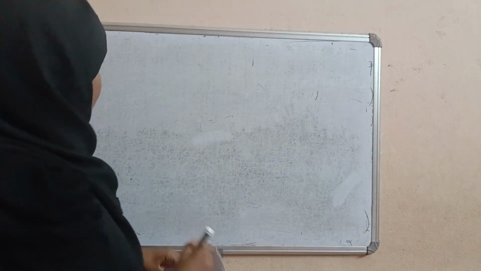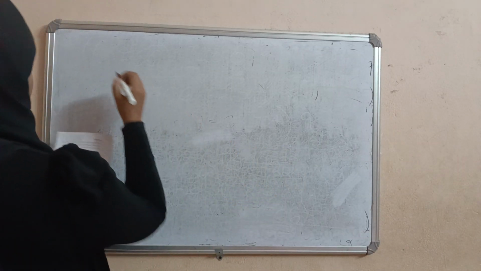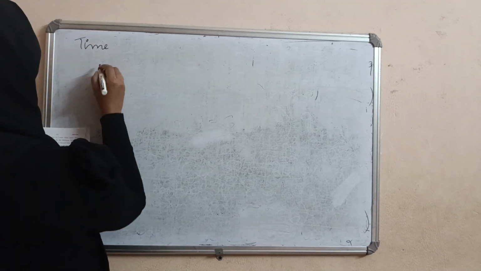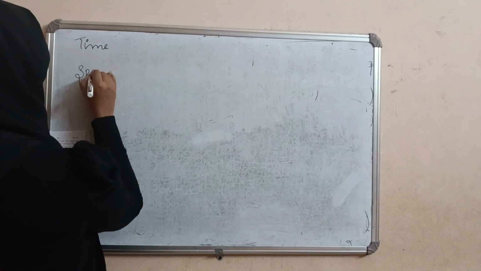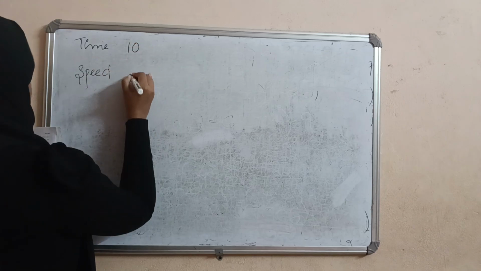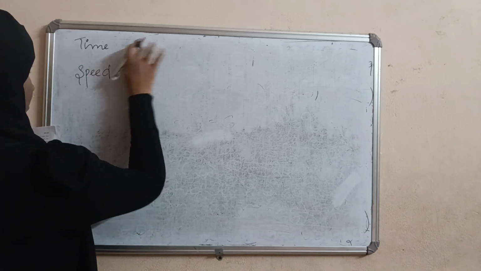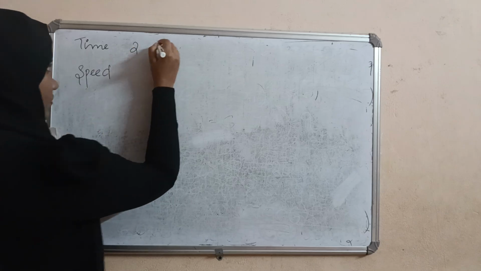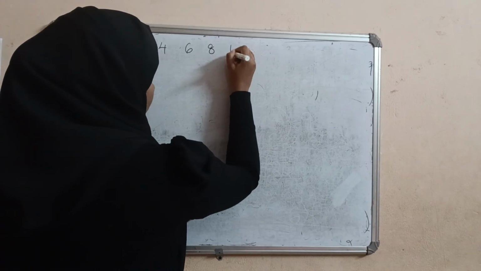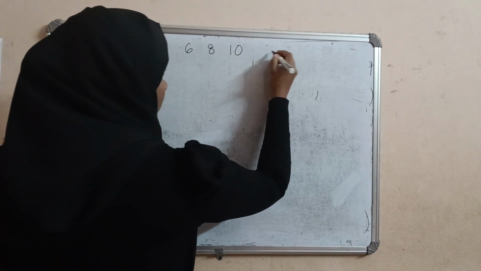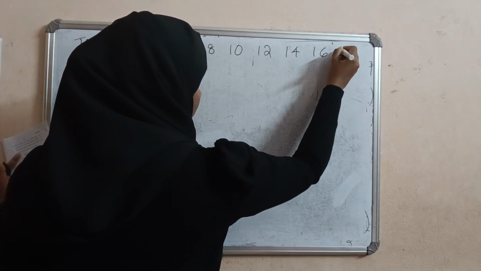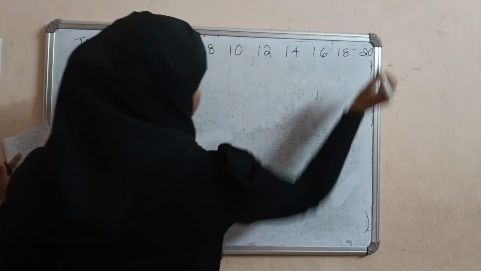So the table gives the values. This is the time and this is the speed. Time: 2, 4, 6, 8, 10, 12, 14, 16, 18, 20.